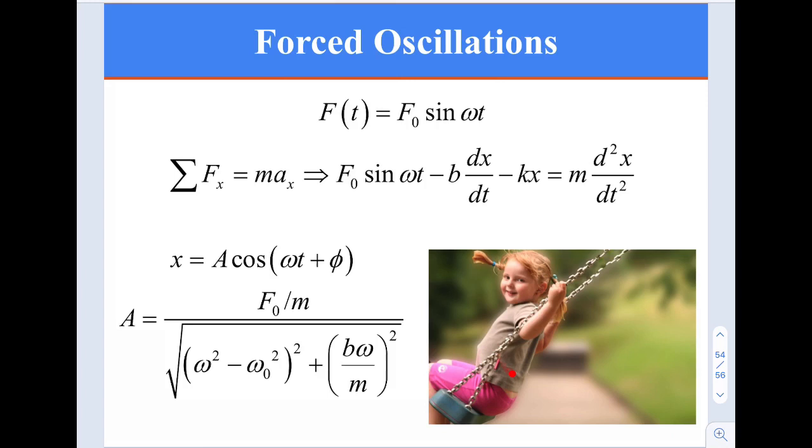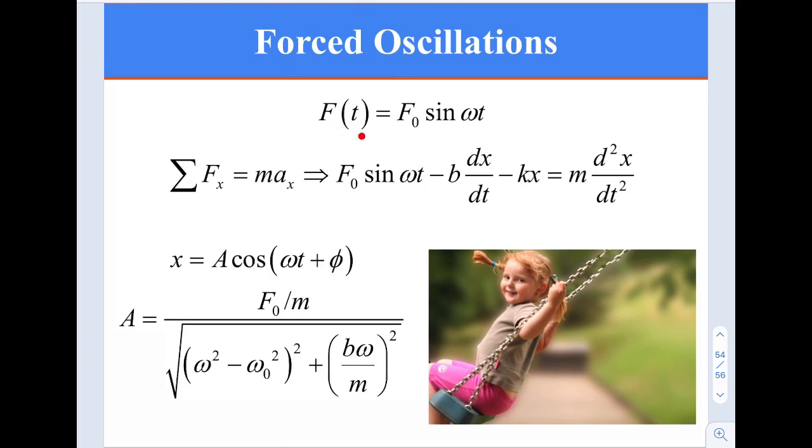Okay, the push that you are giving to your sister just now is actually a force. So forced oscillation means that we supply something to the system so that the system remains within the condition that we need or we want.